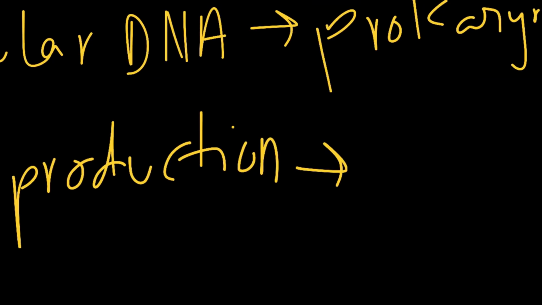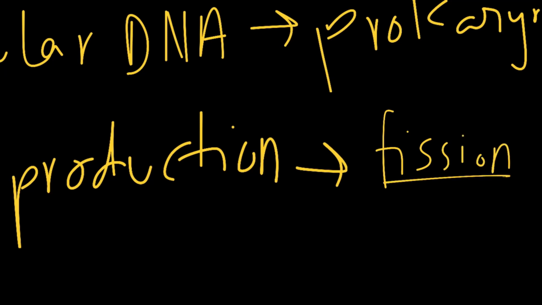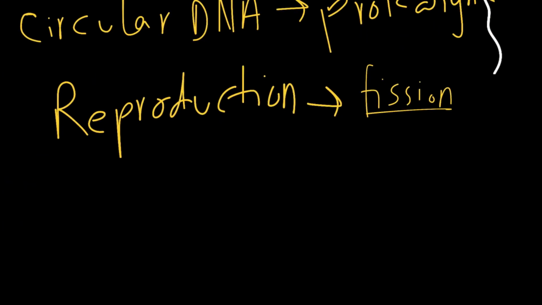Now, we don't need to get into the details of fission, but it's the same process through which bacteria reproduce. Whereas eukaryotes, that are us, reproduce through mitosis or meiosis, depending upon the type of cell. However, chloroplasts and mitochondria reproduce through fission, the same way as prokaryotic cells or bacteria reproduce.